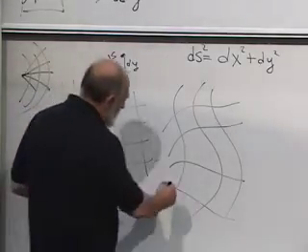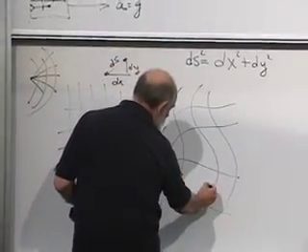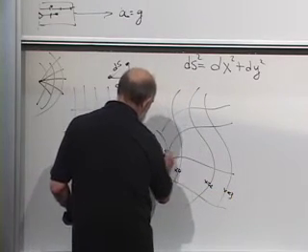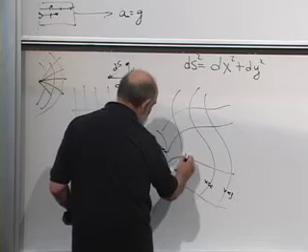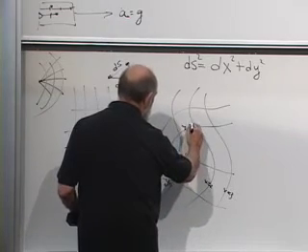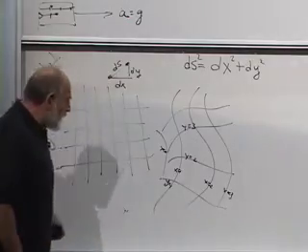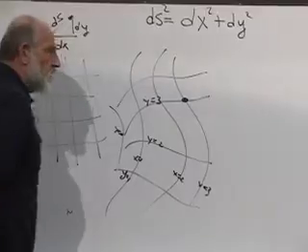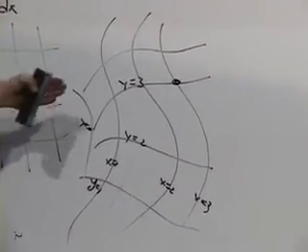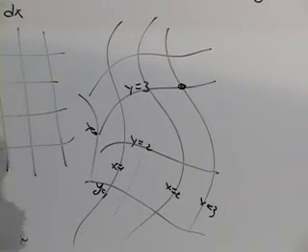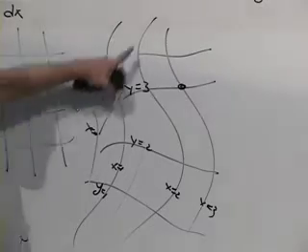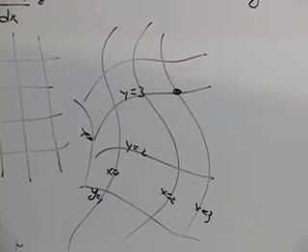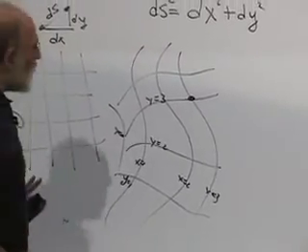All right, so let's suppose this could be x equals 1, x equals 2, x equals 3. Here's y, and here's x equals 0. Here's y equals 1, y equals 2, y equals 3. I have a grid. If I tell you the value of x and y, you can tell me exactly where the point is on the blackboard, but the grid is no longer a rectangular grid. The distance between two points is no longer given by dx squared plus dy squared. There's a general formula for any kind of curved coordinates like this.